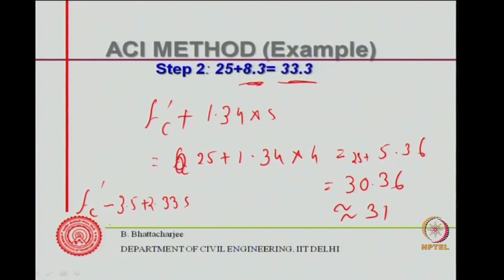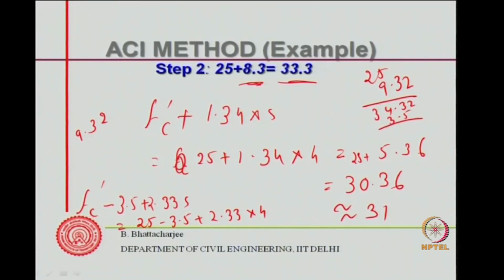So if s is 4, this becomes 25 minus 3.5 plus 2.33 into 4, which gives 9.32. So 25 plus 9.32 minus 3.5 is approximately 31. So, this will give me 31.